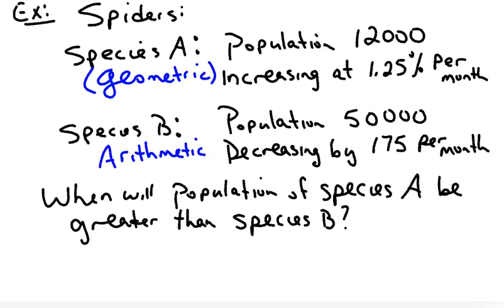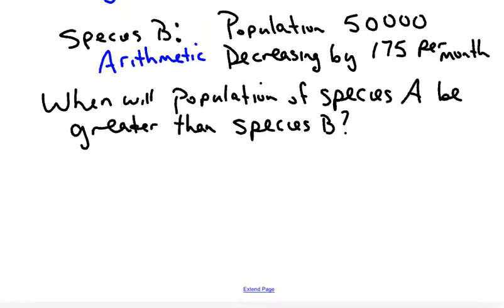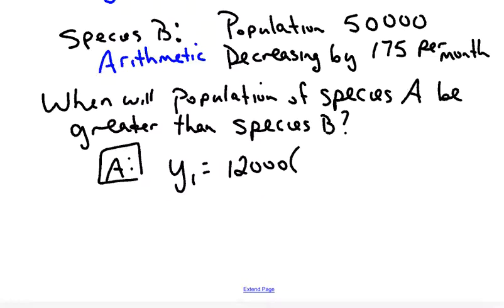So we're going to do the same thing again, y1, y2. So for species A, we're going to have the following. y1 equals our starting amount, 12,000, times our rate, 1 plus 0.0125.